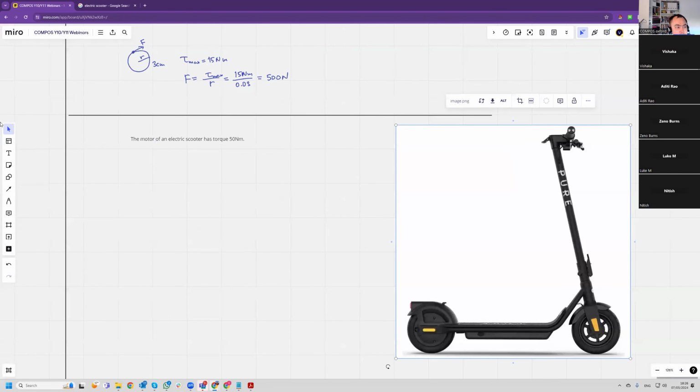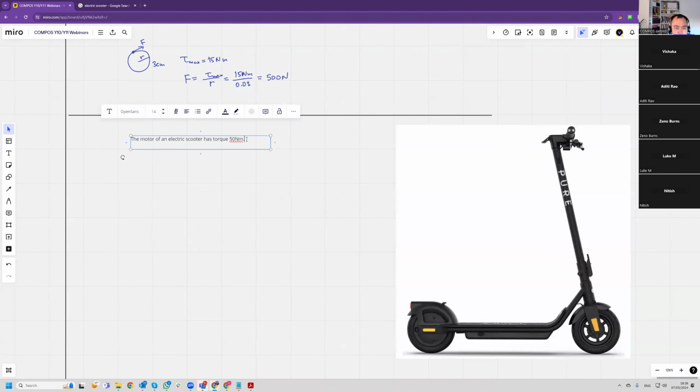When the motor, for each rotation of the wheel, the motor does, let's say, 15 revolutions.